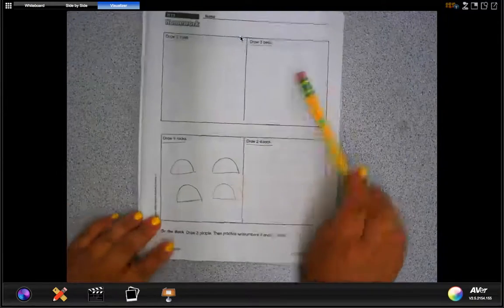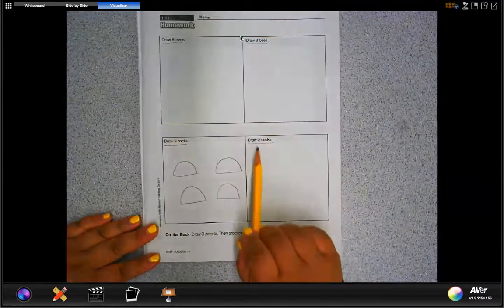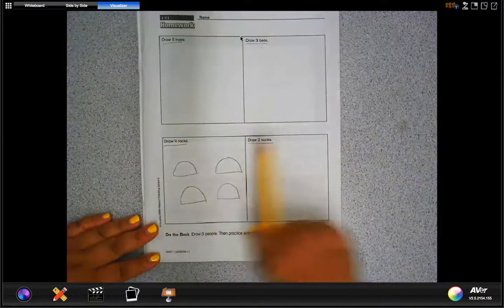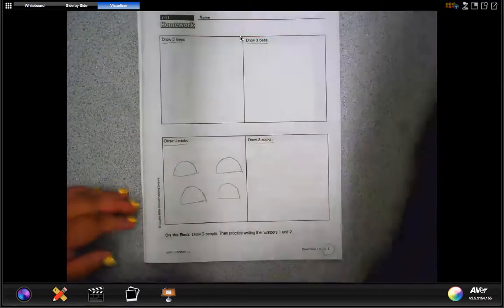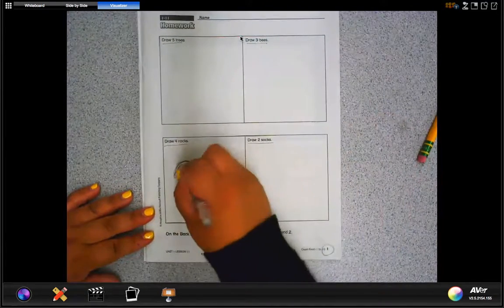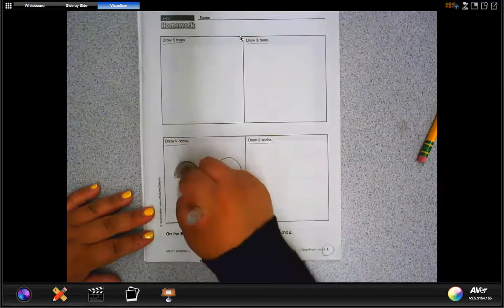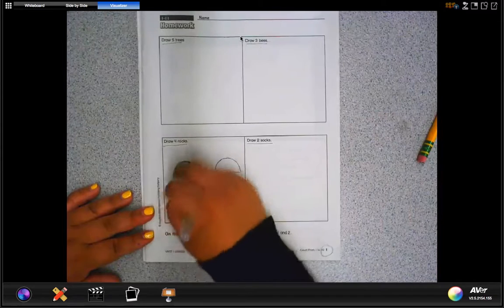And so you are going to draw some trees, bees, and socks. Like I said, you are free to color these. Just make sure that you use crayon and not marker, because if you do marker, it will show on the back. Like I'm doing right now with crayon.